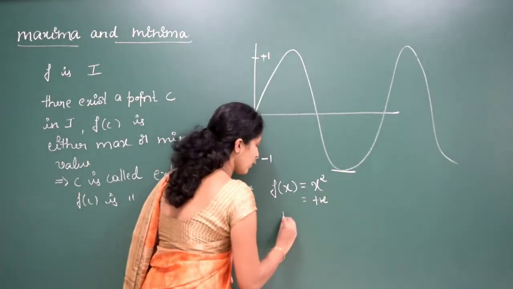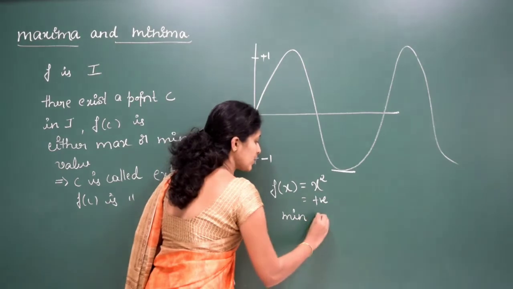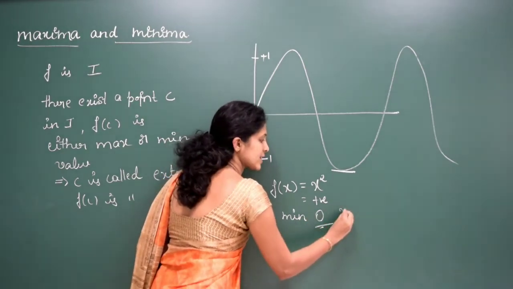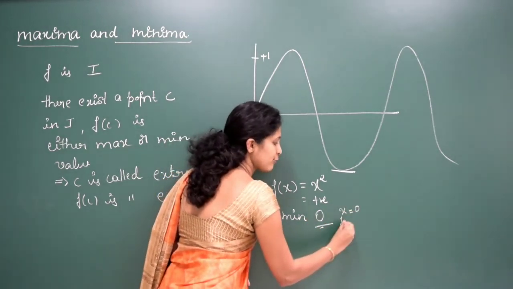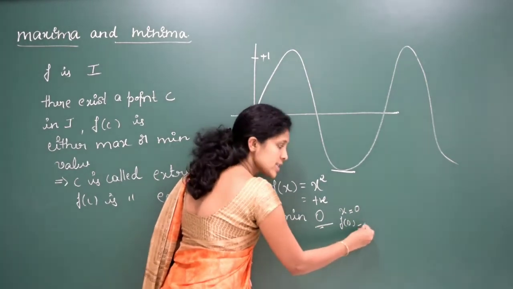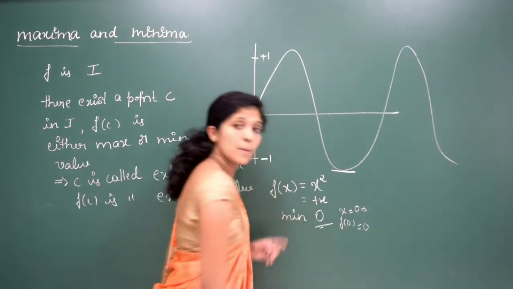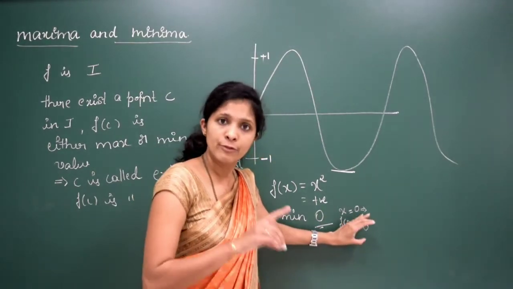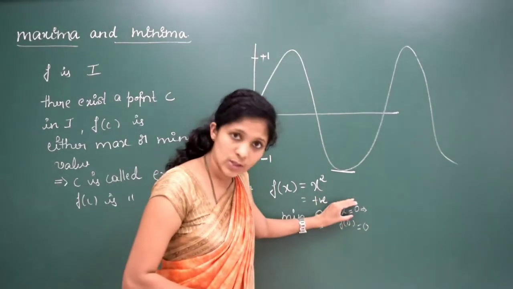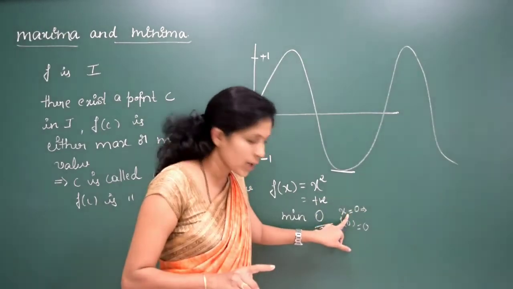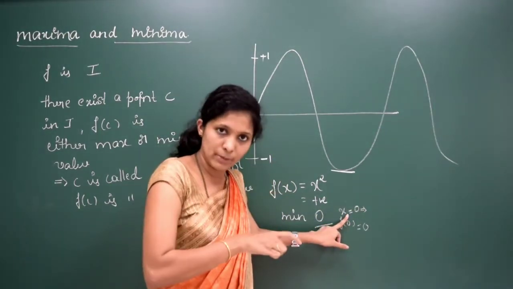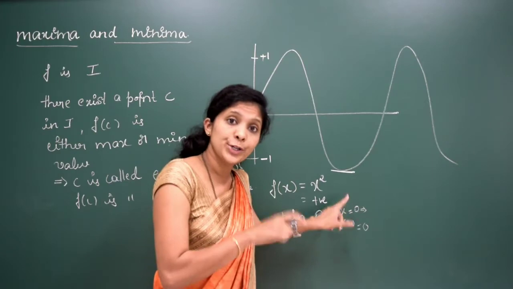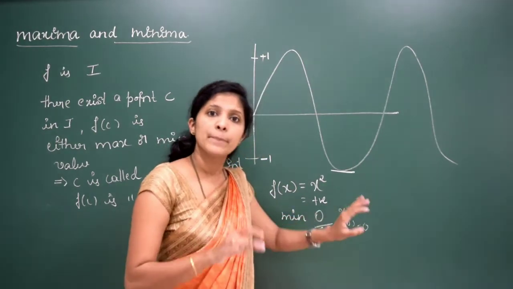At x is equal to 0, the value of f of 0 will also be equal to 0. So this is called the point of minima, and this is called the minimum value. At this point the function attains the minimum value.